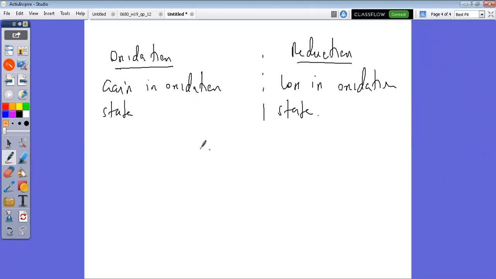Now let's look at some rules. You need to know certain rules for oxidation.